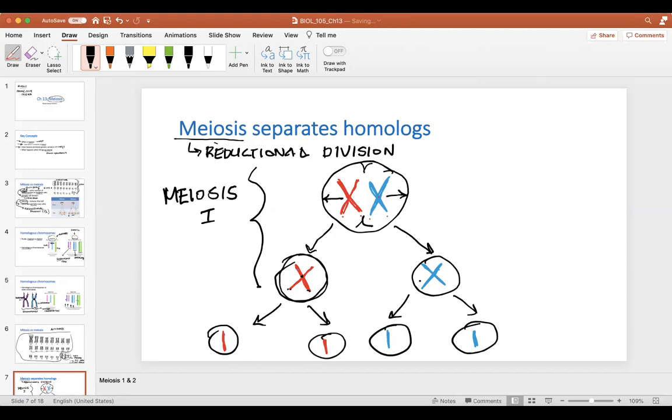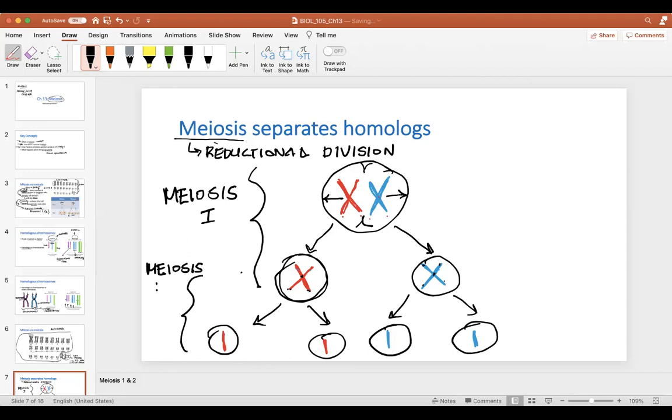And in this cell here, you're going to have, again, an entire copied chromosome with the sister chromatids and the centromere intact. Then this round here is called meiosis 2.